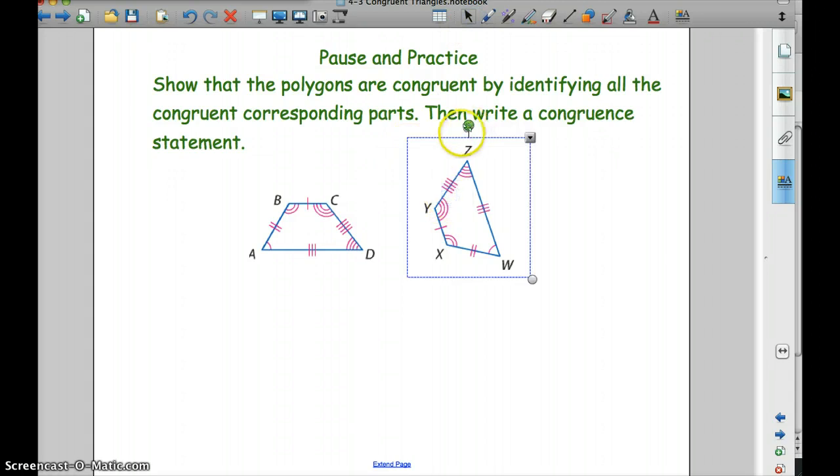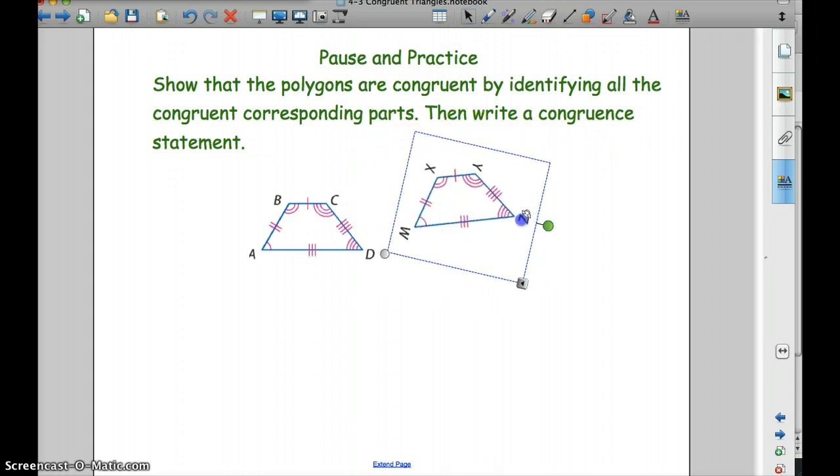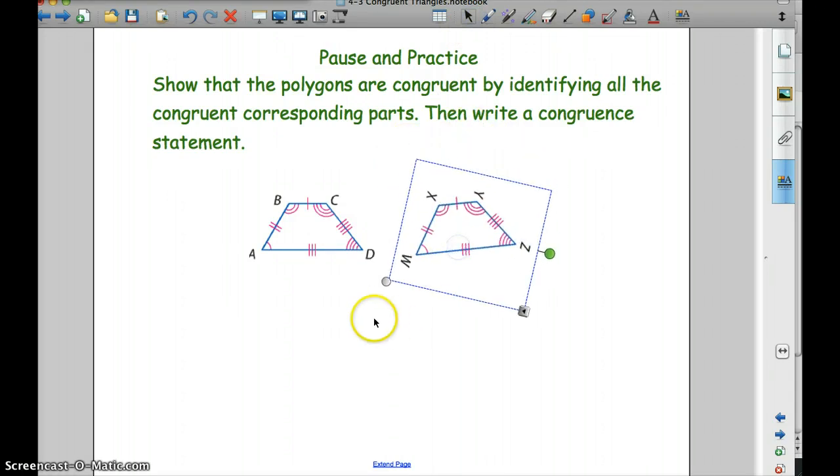So here I can rotate this like so. And I know they're in the same position because D has 4 arc lengths and so does Z. W has 1, A has 1, B has 2, X has 2, C has 3, and Y has 3.